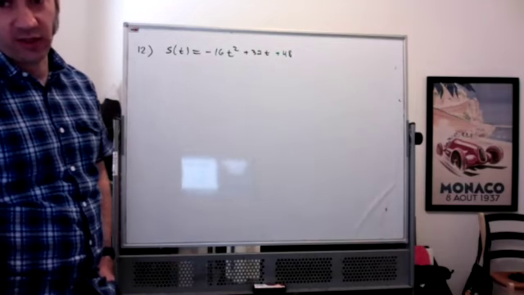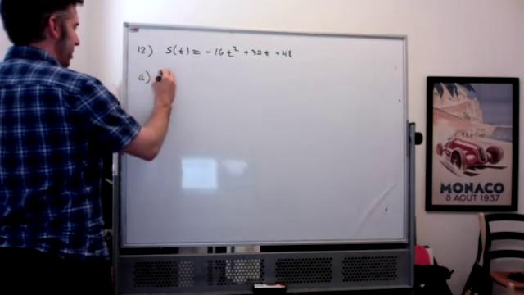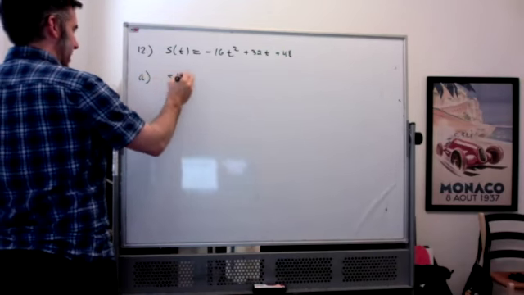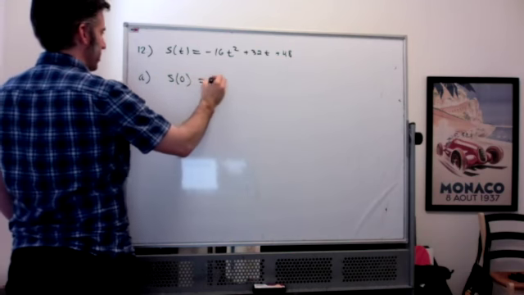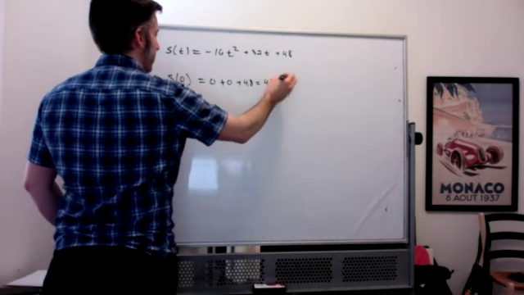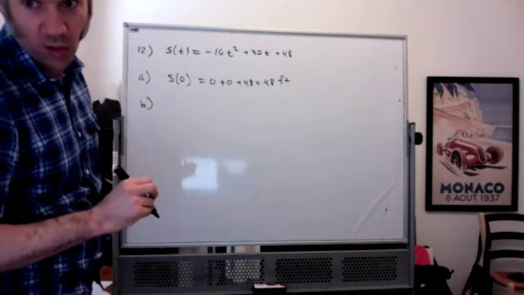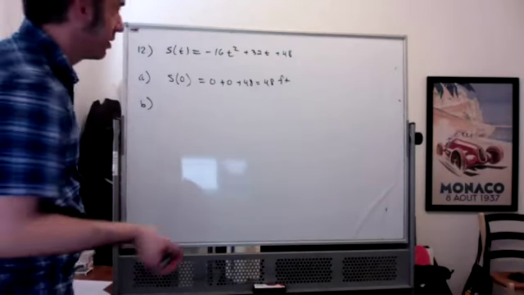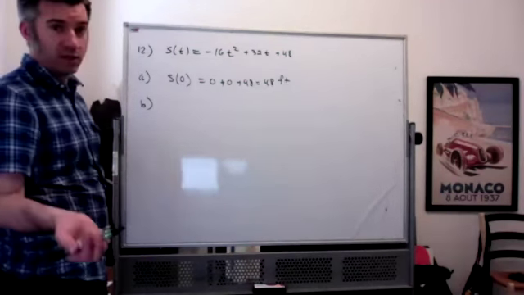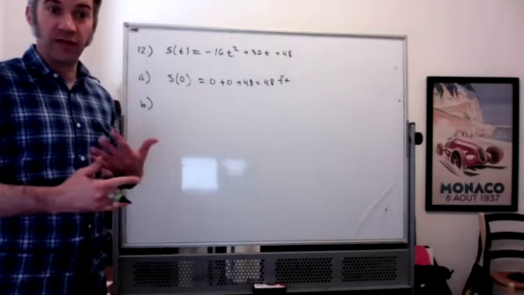And actually, that's the first question. What was the height of the building? If you're throwing it from the top of the building, the height of the building is the position at time 0, which is exactly 0 plus 0 plus 48. 48 feet. Second question. What was the initial velocity of the ball? Well, the velocity of an object is the derivative of its position.